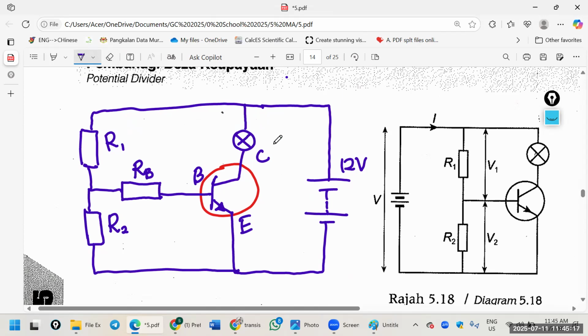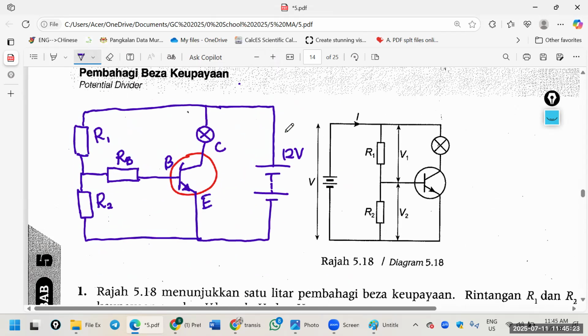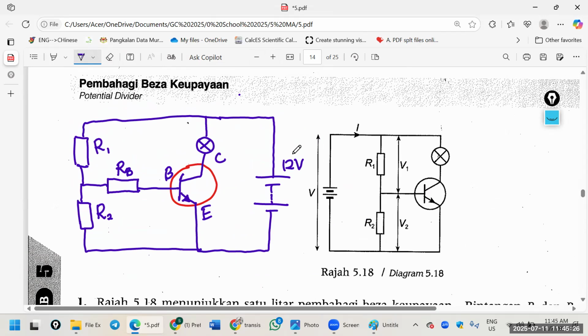Okay, now we call this a potential divider. Now, can you recall just now the circuit and this circuit? What is reduced in this circuit?